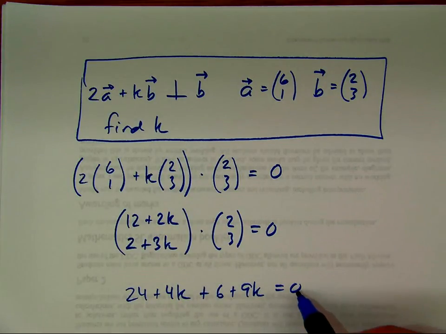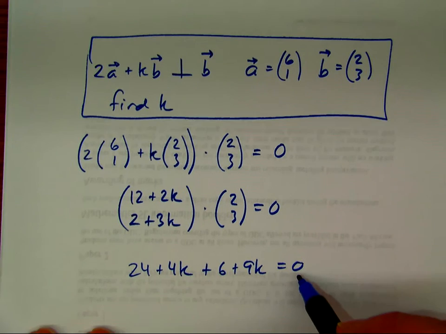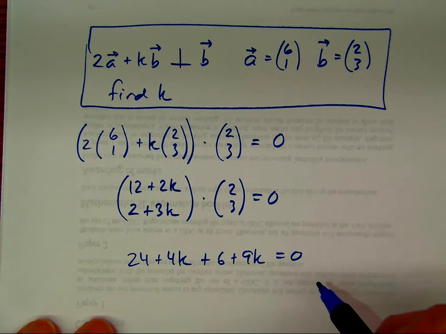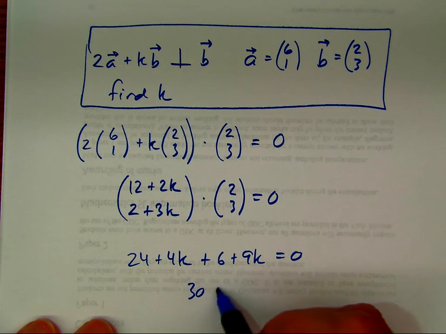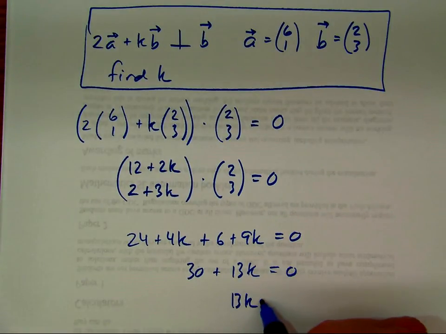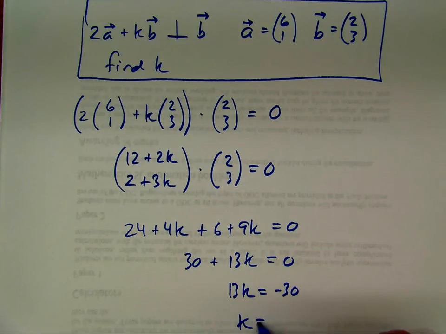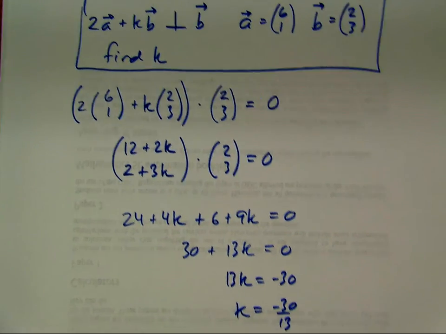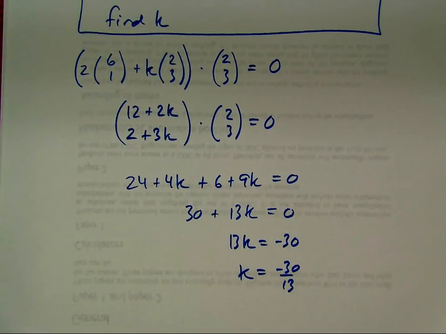Okay, the dot product equals 0 because they are perpendicular. So we get 30 plus 13k. And we can solve for k, negative 30 over 13. All right, and we will stop there.